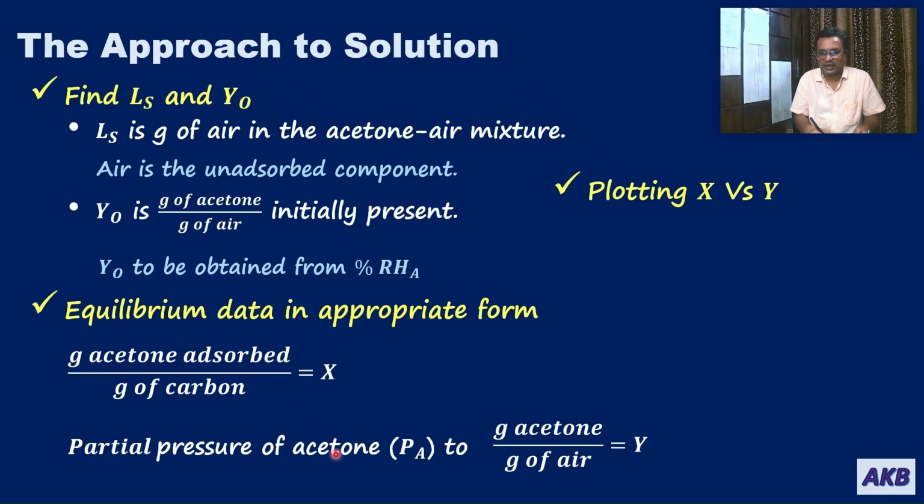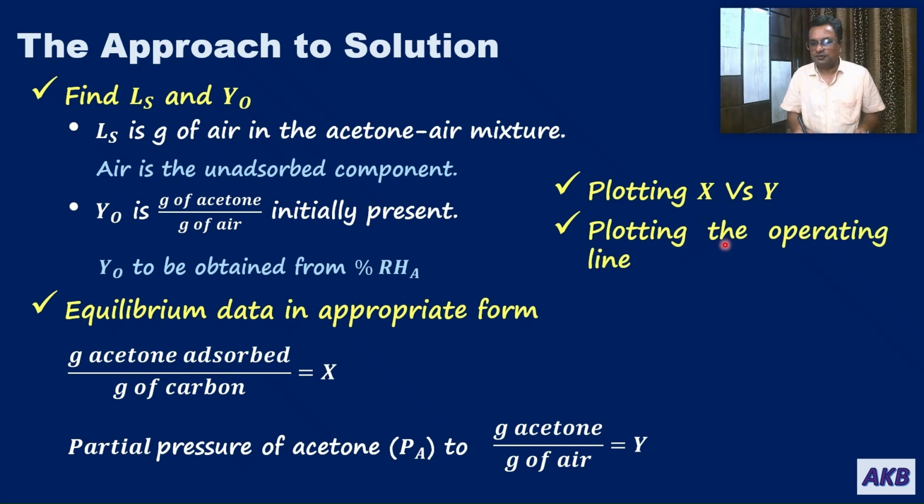Then after we have the data in an appropriate form, that is we have X and Y values that are in equilibrium with each other, you can go for plotting the equilibrium diagram, where we'll be plotting capital X on the X-axis and capital Y on the Y-axis. And after plotting the equilibrium curve, you will be plotting the operating line by knowing its slope. And finally, once you have plotted the operating line, you'll be finding capital X1 and capital Y1.